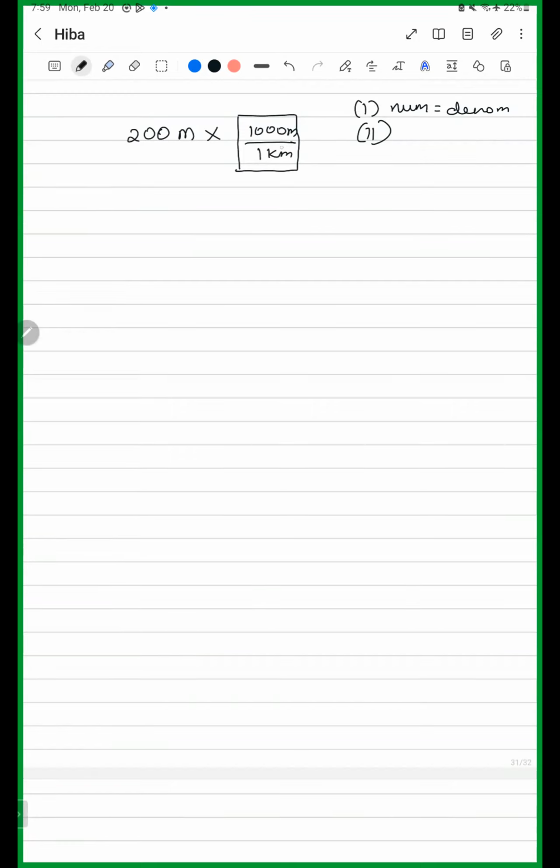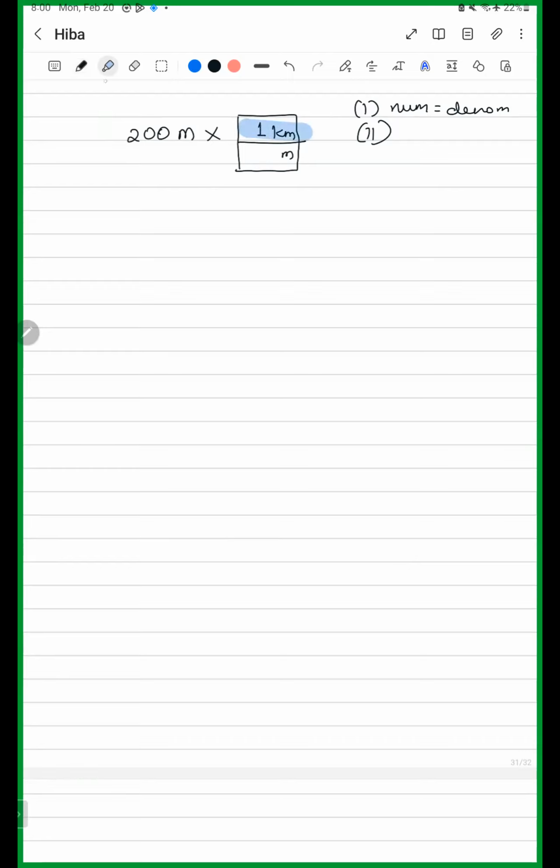Why? Because here our purpose is not fulfilled. Our purpose is that we want to convert this entire thing to kilometer. That will happen when we put kilometer on top and meters at the bottom. So 1 kilometer, numerator is what? 1 kilometer, and denominator is what?